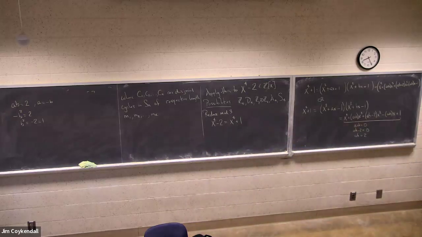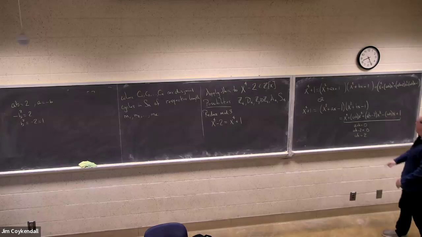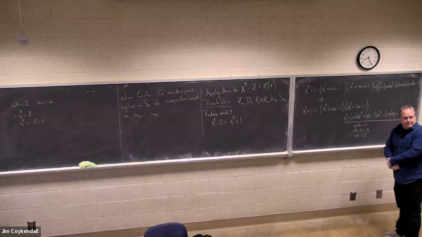So what do I get? I get b squared is 1. And so, that means that b and a, well, if, for example, b is 1, then a is -1, right?